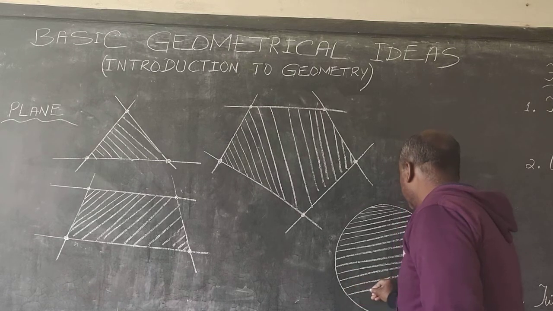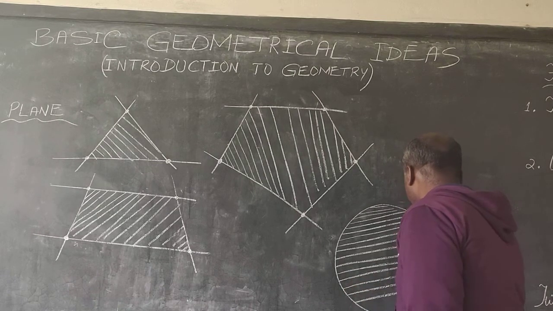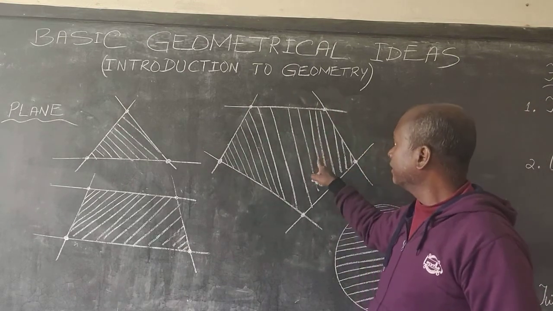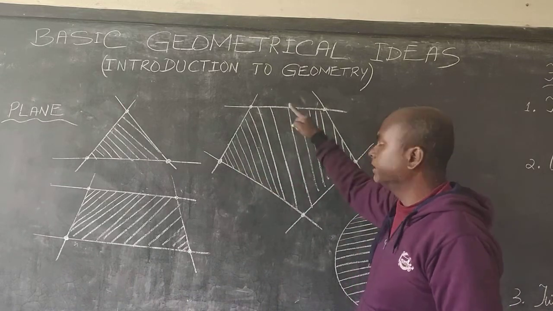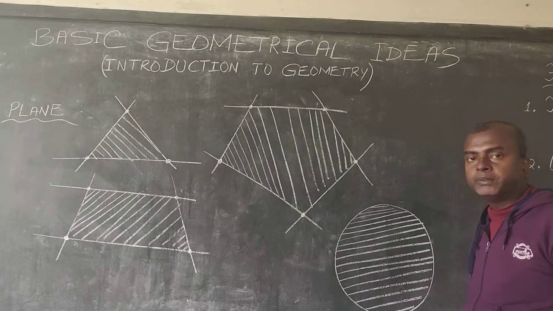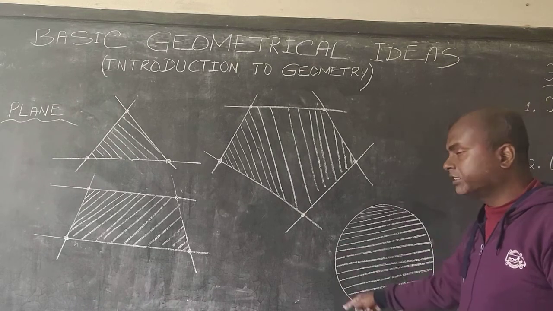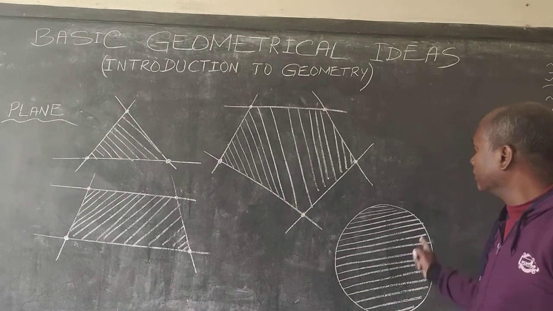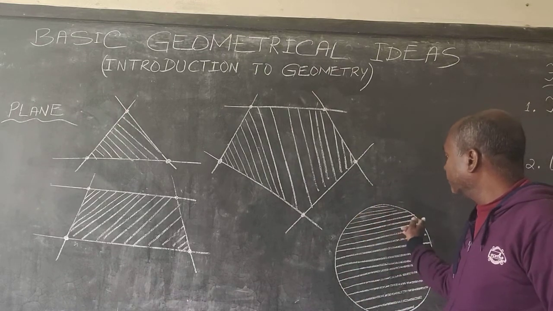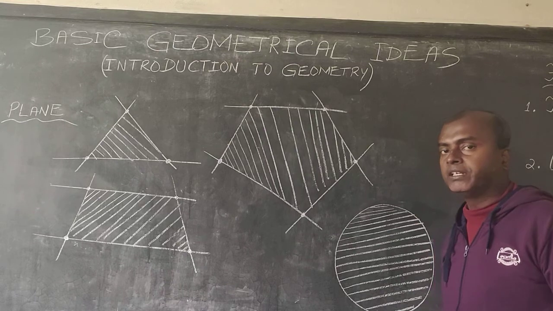This shaded part or the lines that I am drawing within represent the plane. Here a full curve has been drawn. I wouldn't say it is a perfect circle, but yes, it's a full curve, and the plane that you get within is a curved plane.